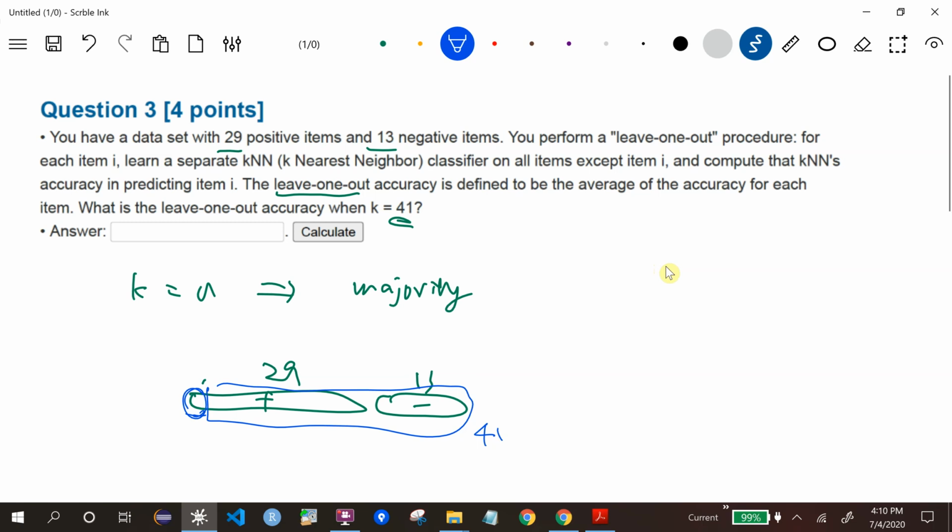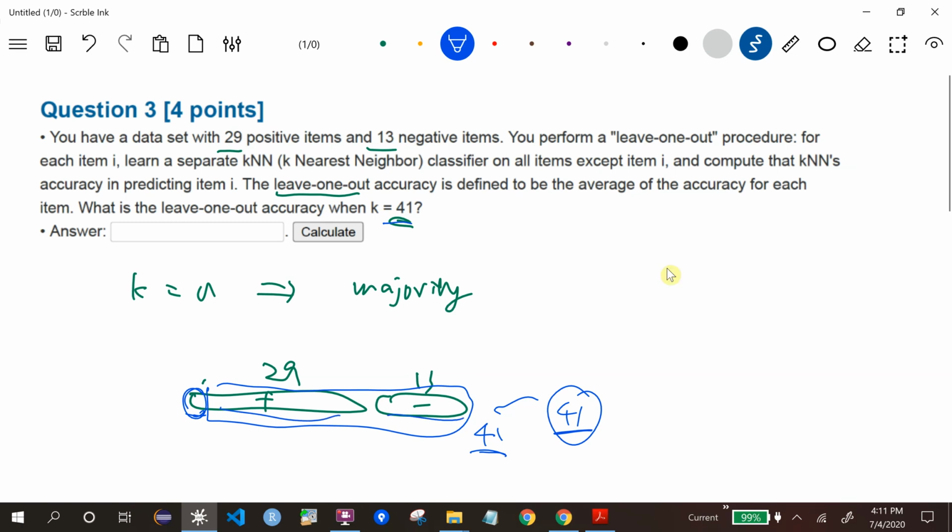So we are going to figure out the 41 nearest neighbors. There are only 41 instances, so of course the 41 nearest neighbors are just these 41. So there are 29 of them positive and 13 of them negative.